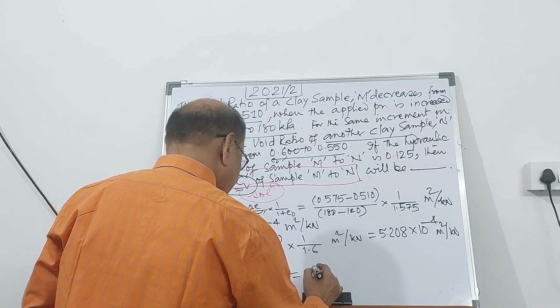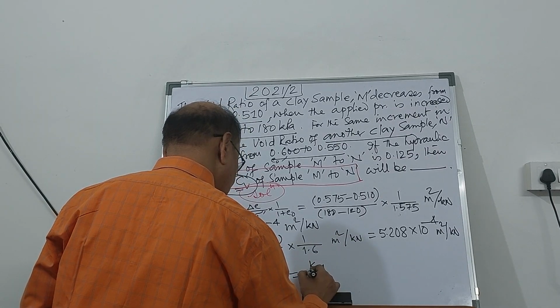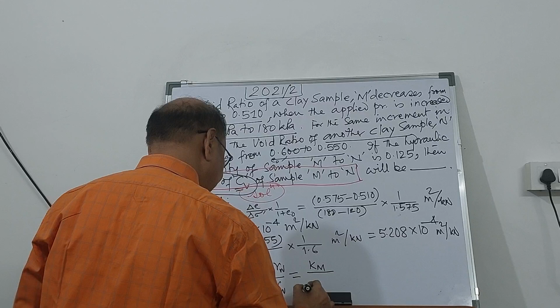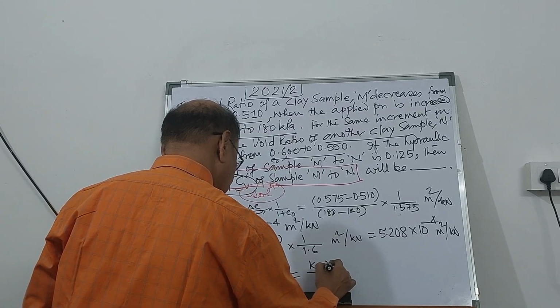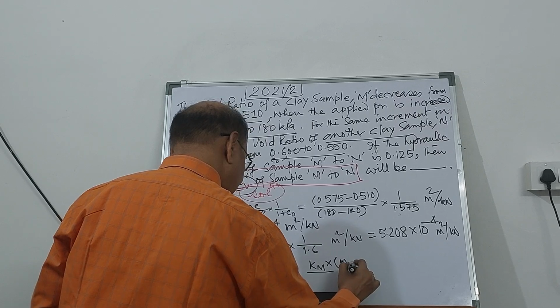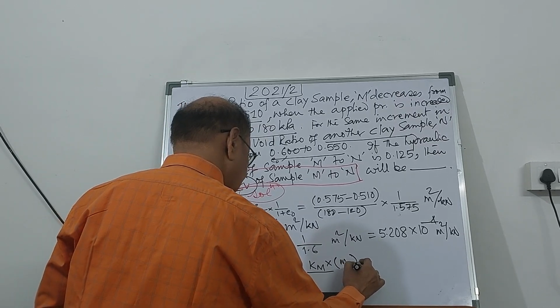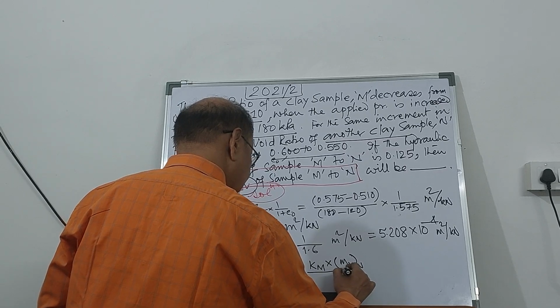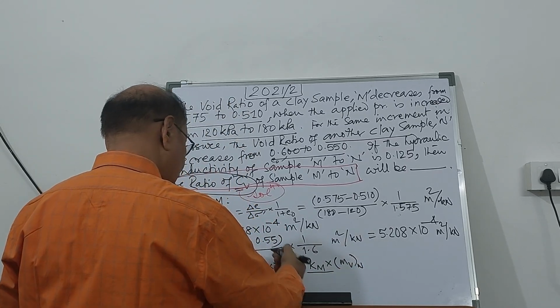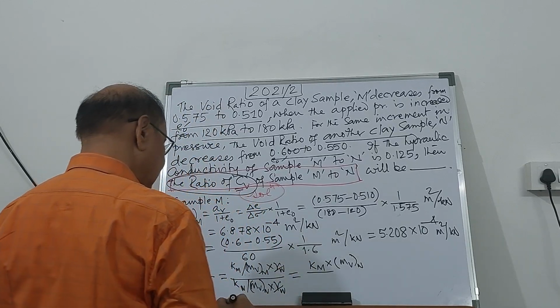So it is going to be Km into MVN, this will go up, gamma W will get cancelled.